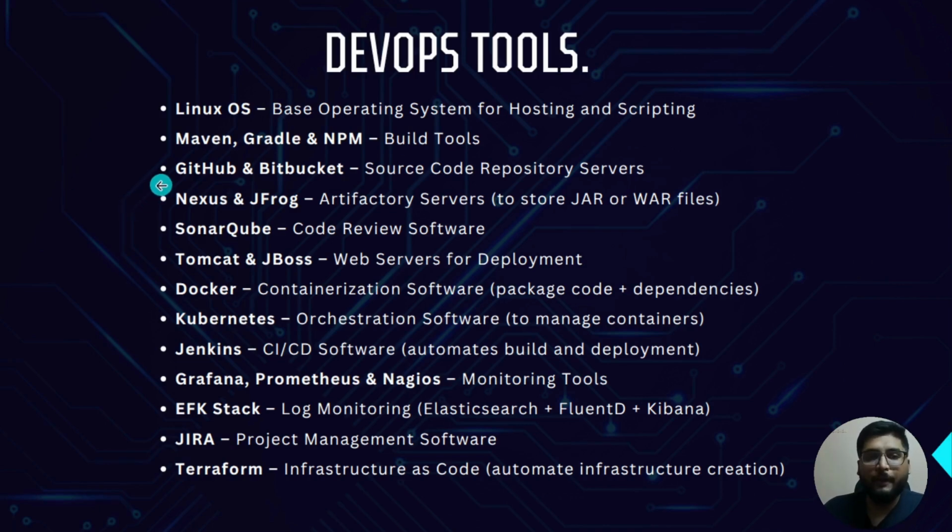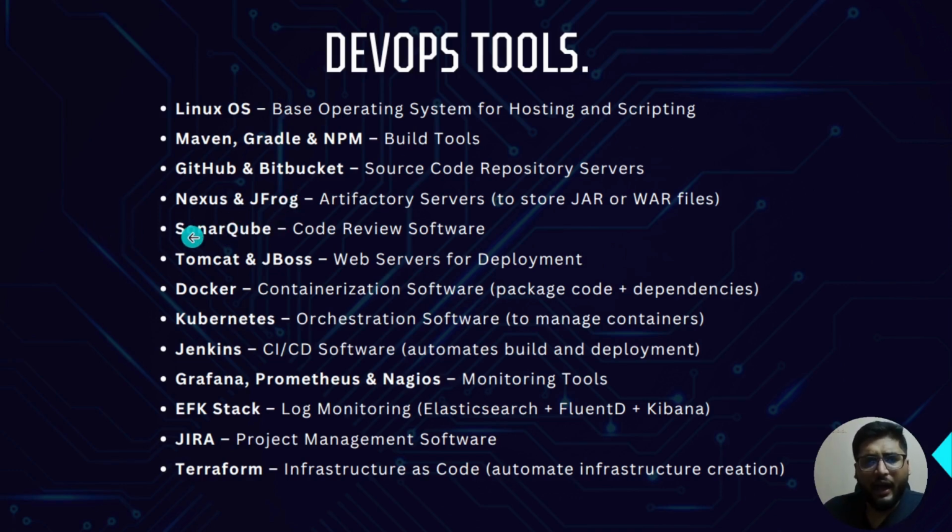Next, GitHub and Bitbucket. GitHub and Bitbucket are source code management servers. These are a centralized repository to save the entire code. Next are Nexus and JFrog.